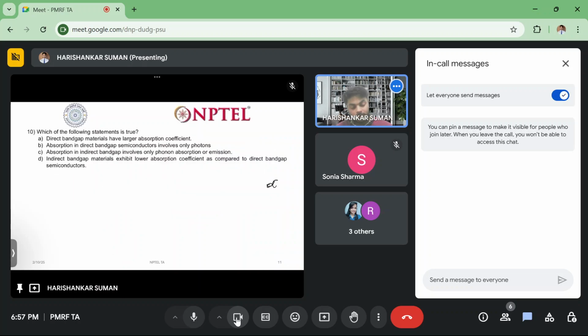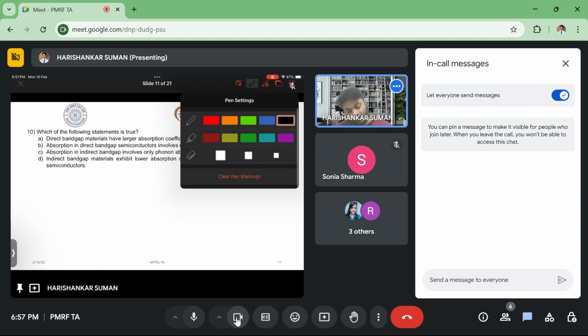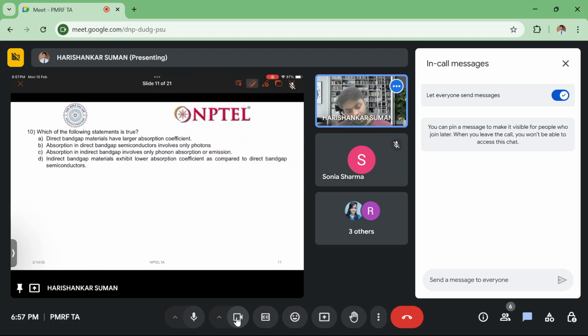Okay, clear? Let's move to the next question. Yes, please answer. This is the question. Which of the following statements is true? Let's read. Direct bandgap material has a larger absorption coefficient, and absorption in direct bandgap semiconductor involves only photon.